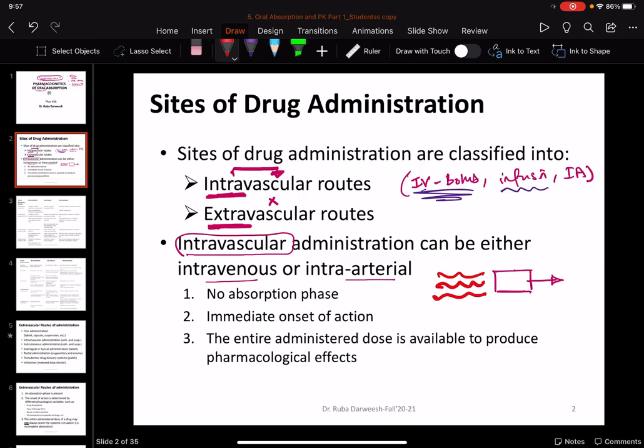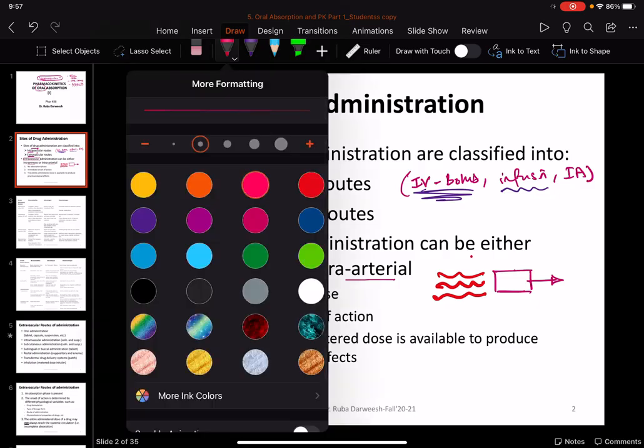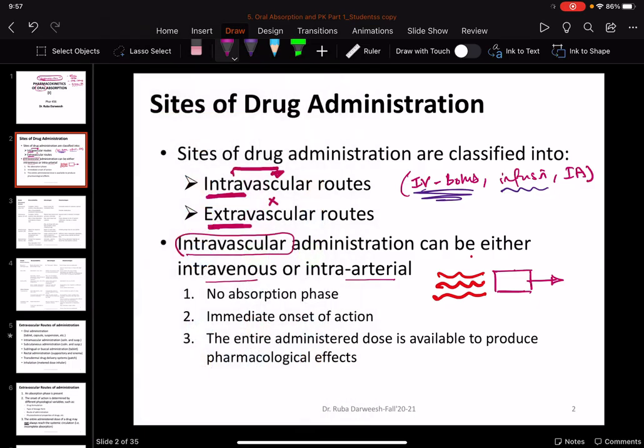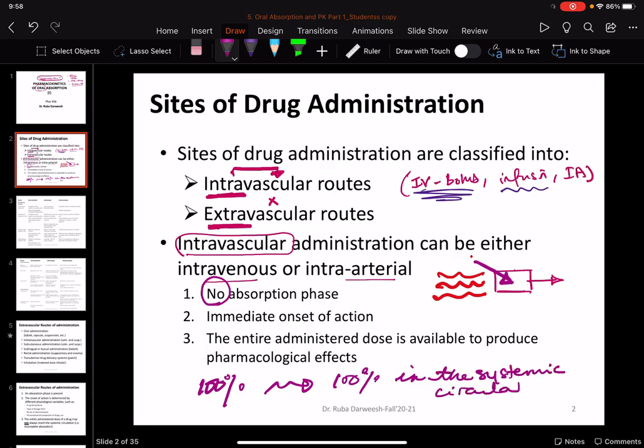We had nothing here, so the drug directly enters the body, and here it's represented by one compartment. So we don't have any absorption, or in some of your references you'll find they consider it as 100% absorption, or in other words, it's 100% available in the systemic circulation, because the drug is directly entering the vascular system.